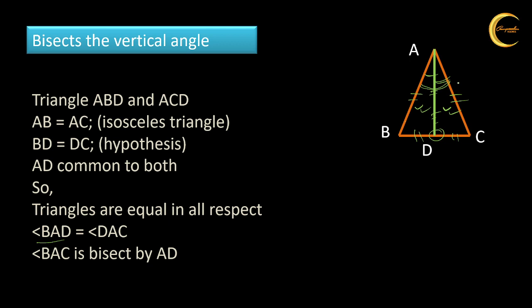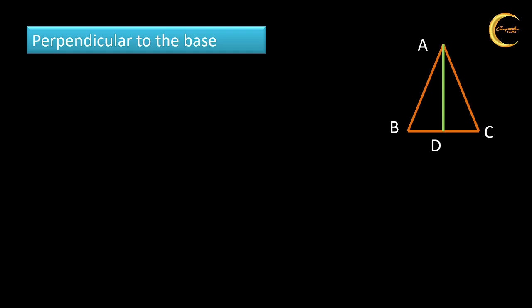So we come to our next problem. This is a triangle, and this line AD is perpendicular to this line BC. How will we prove that?